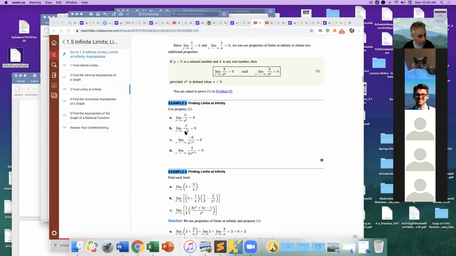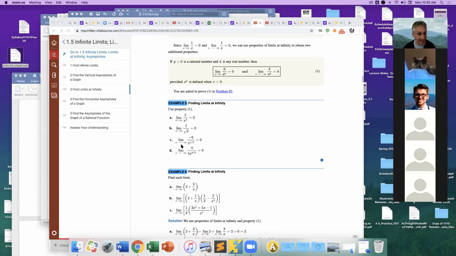If you've got a root, it's not going as fast to infinity because the graph slows down, but it's still going up. So even if it's a root, the denominator's getting huge, that's going to 0. Even if this was 1,000,000 over a square root, it's going to 0. One of the other things I wanted to point out, though, that they didn't do here: and this one, as x goes to infinity, no, we're all set.